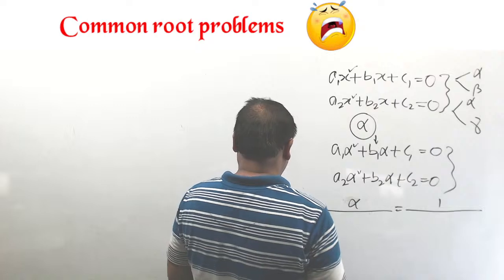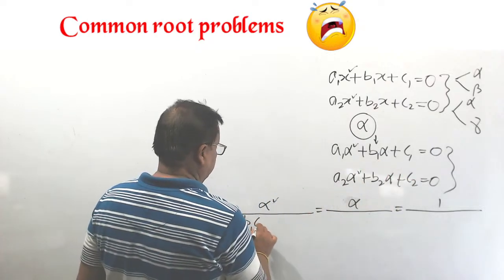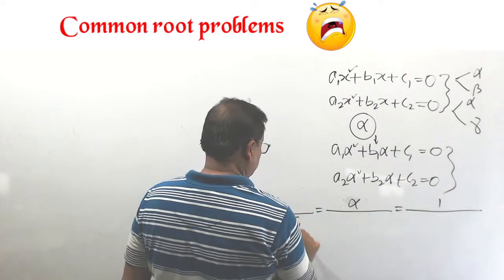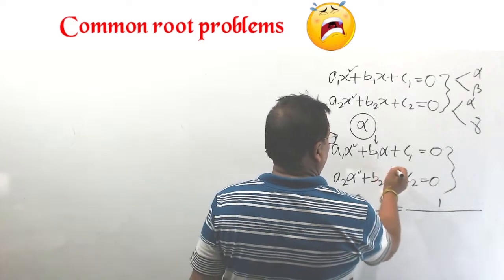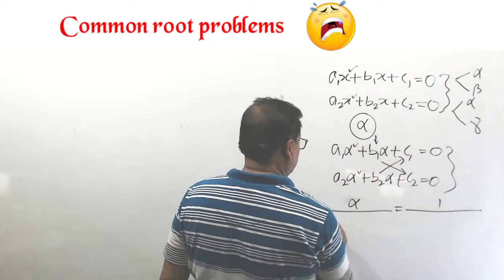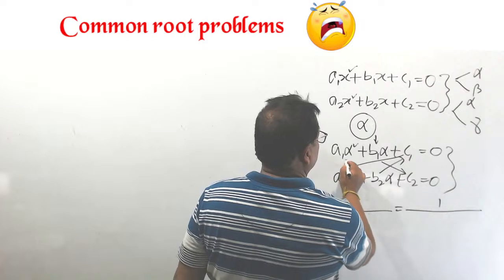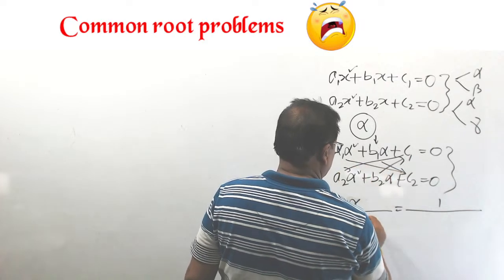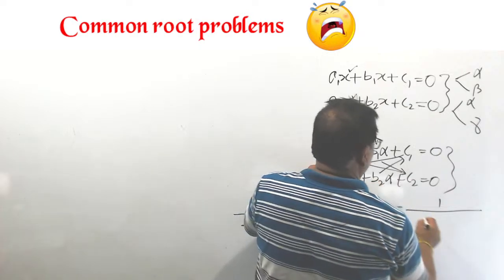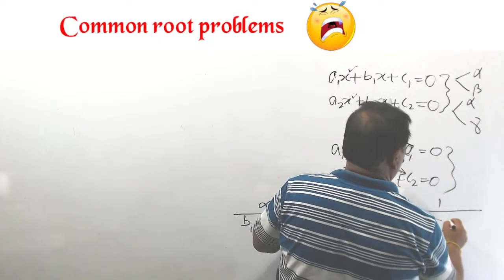For alpha square we get b1 into c2 minus b2 c1. Now for alpha, c1 a2 minus a1 c2. Now for 1, a1 b2 minus a2 b1.